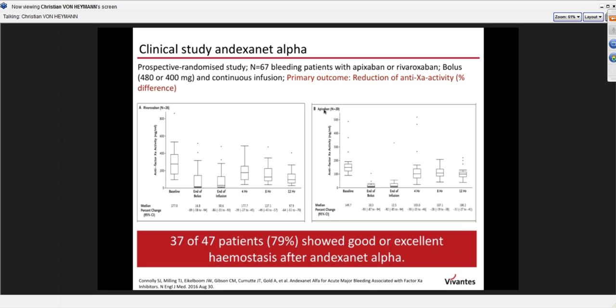So, if this assay makes it to the market, then we will have a point-of-care thromboelastometry assay to measure the effect and the plasma levels of dabigatran at the bedside of the patients. For the factor Xa inhibitors, it is a bit more complex, and at the moment there is no reliable point-of-care measurement or assay for these drugs.